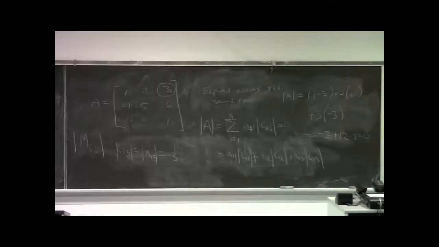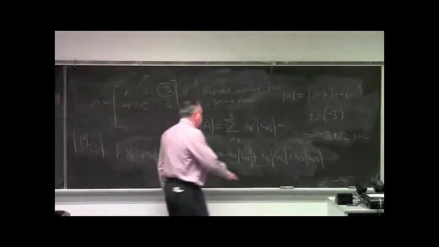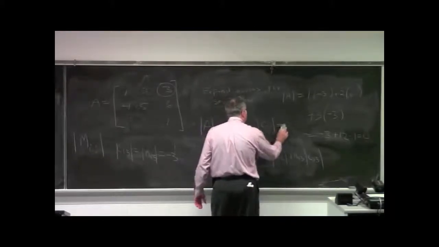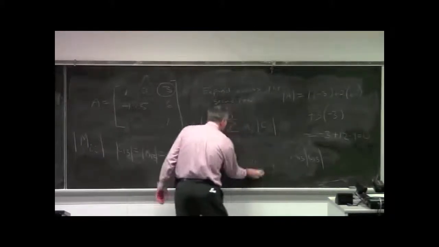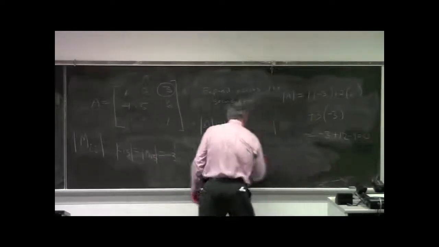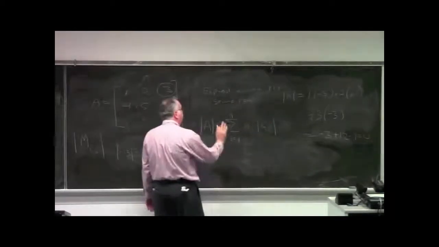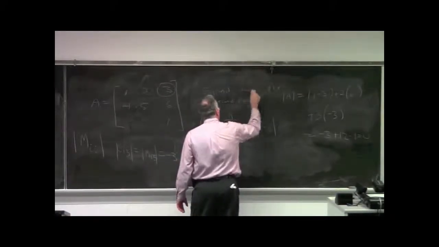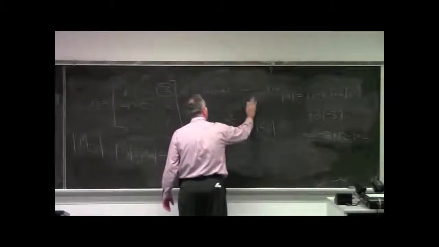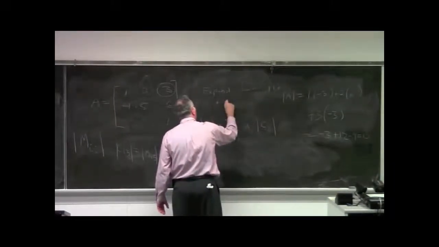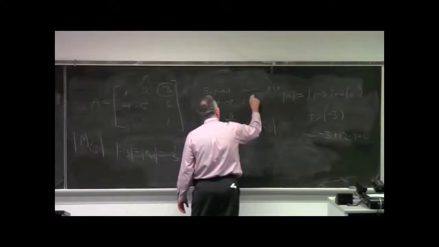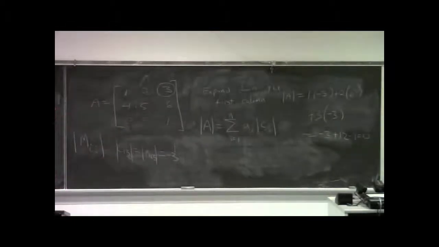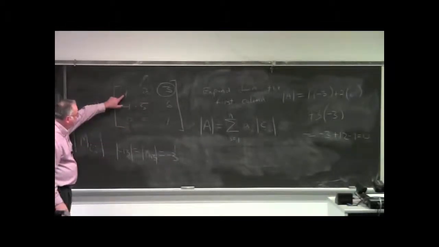Now, sometimes you might want to go down a column. If you are going down the first column, then the formula would be this. Let's say down the first column. Okay. Now you would do the summation. Now you'd be going down the first column.